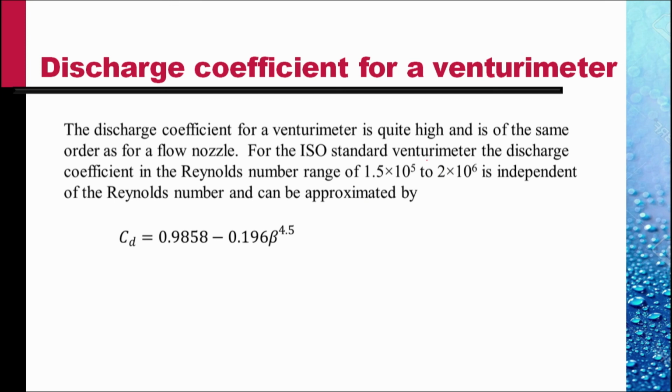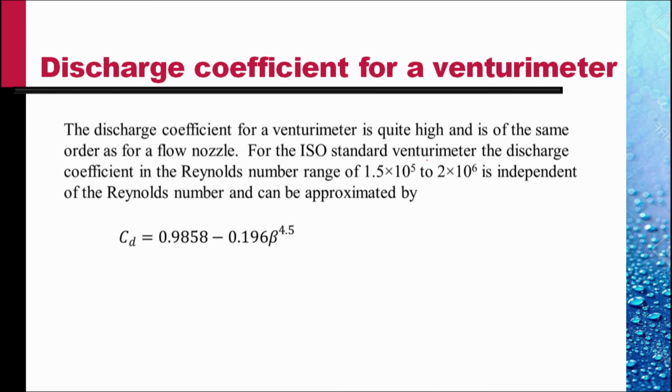The discharge coefficient is very good, of the same order as for a flow nozzle, in the Reynolds number range of 1.5 into 10 to the power 5 to 2 into 10 to the power 6. It is independent of the Reynolds number and can be approximated by CD equals 0.9858 minus 0.196 beta raised to the power 4.5.